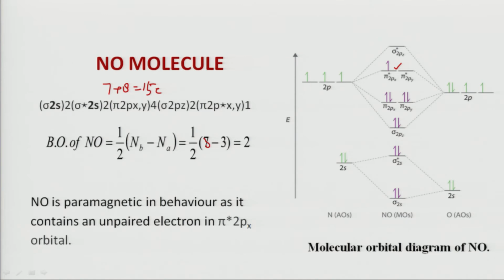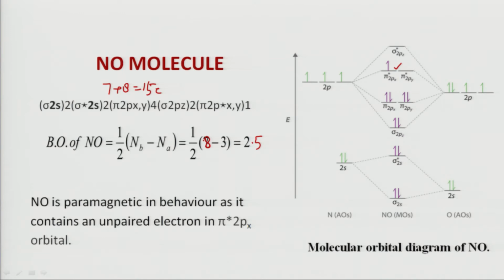So, that means 2 plus 2 is 4 and plus 4 will make it 8, and 8 minus 3 divided by 2, that is 5 upon 2, and the bond order is 2.5. This will be the bond order.